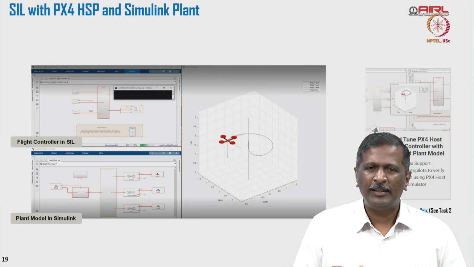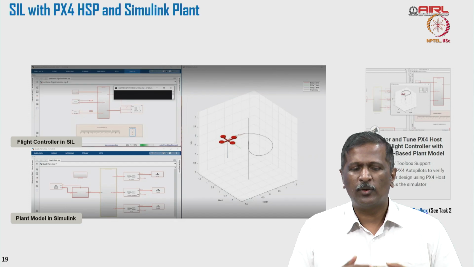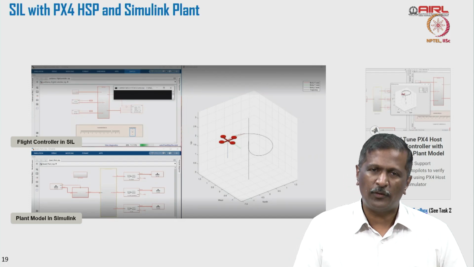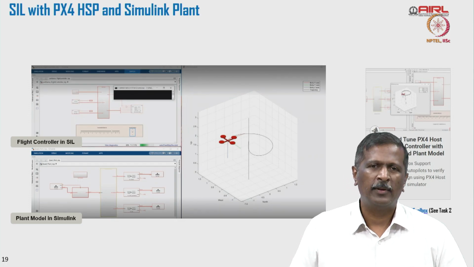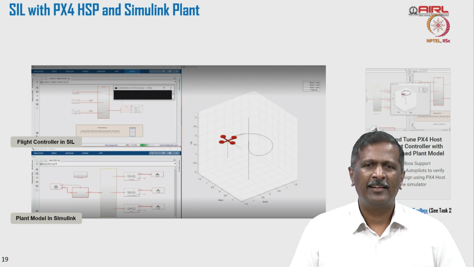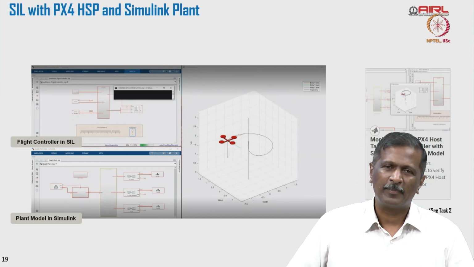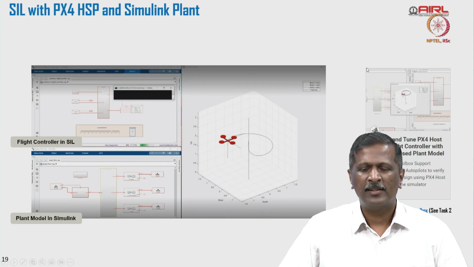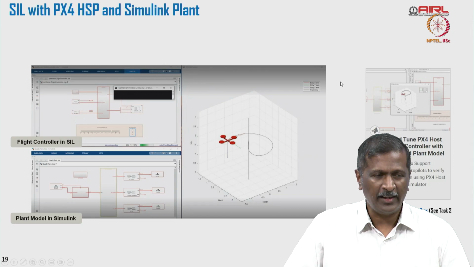So we have to look at it, right? So for those purposes, the software in the loop, hardware in the loop helps to validate the efficacy of the algorithms or implementability of the algorithms and their performance in a near real time kind of scenario, right?